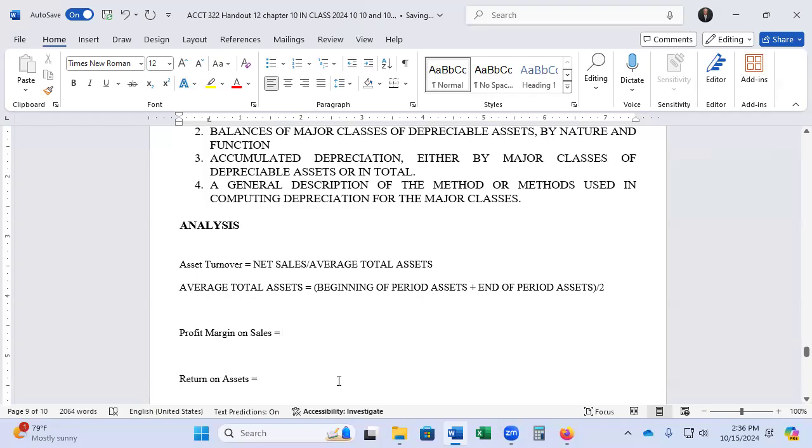And then you have profit margin on sales. So this would be net income divided by net sales.